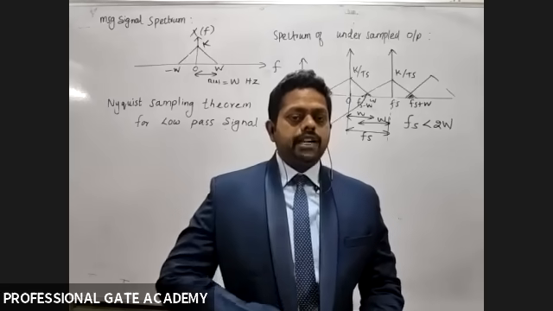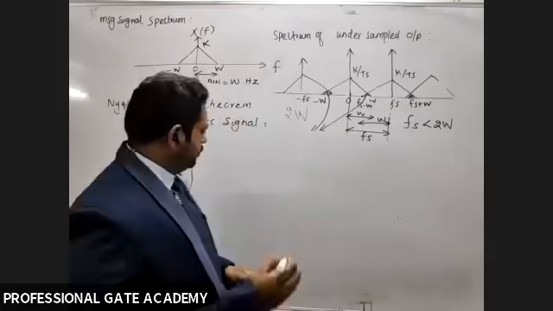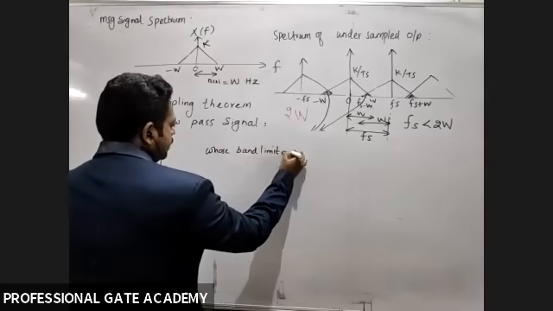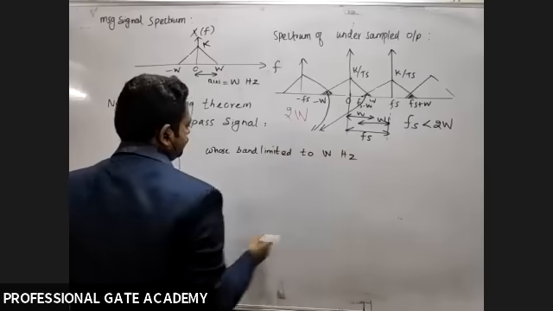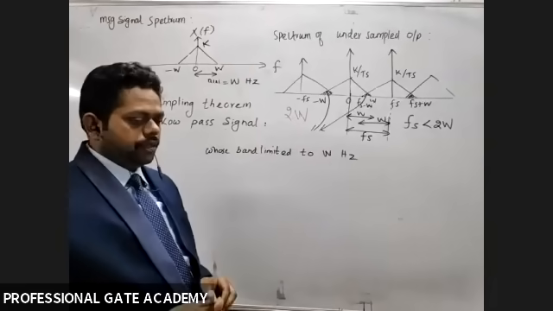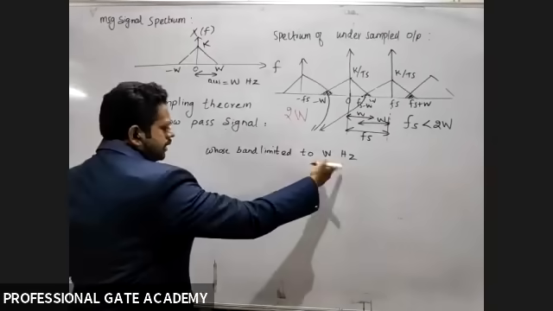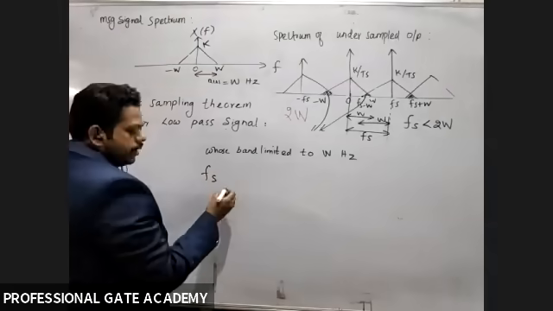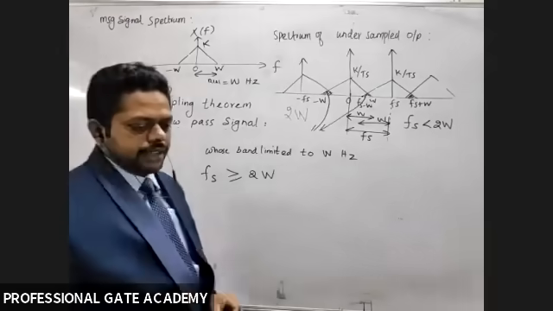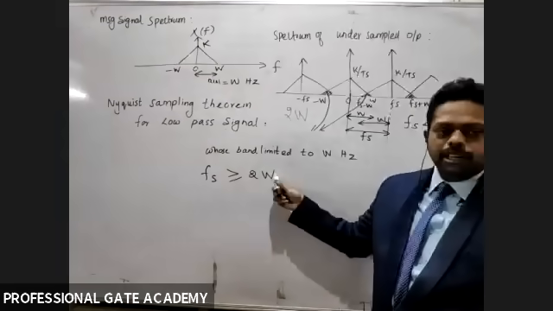For the proper reconstruction of a low pass analog message signal whose band is limited to W Hz, the sampling frequency fs should be greater than or equal to 2W.